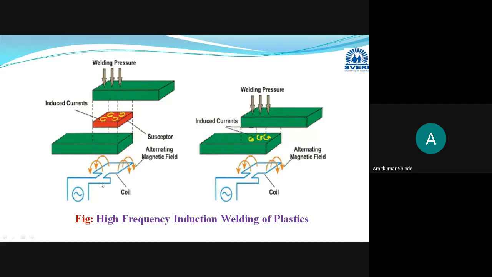Before applying the pressure, we have to melt the plastic material, and to melt it we require some heat. In high frequency induction welding, we get that heat with the help of this inductor coil. High frequency alternating current will be passed through this inductor coil, and due to that it will create an alternating magnetic field.